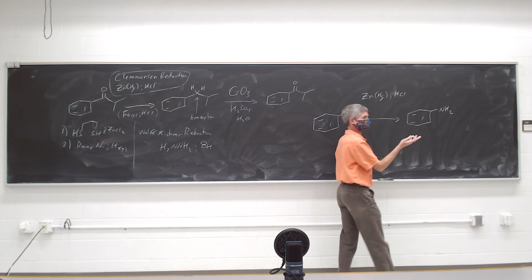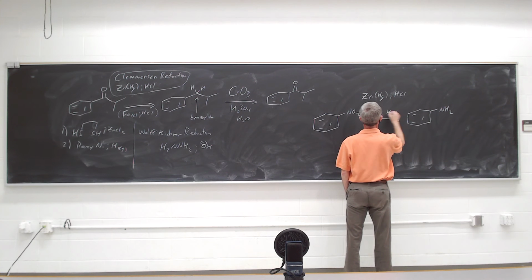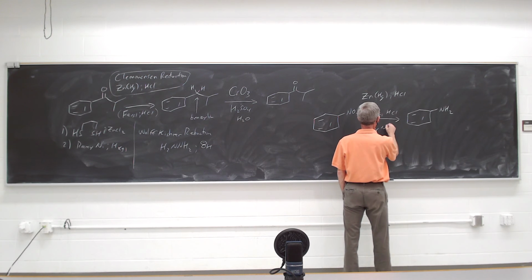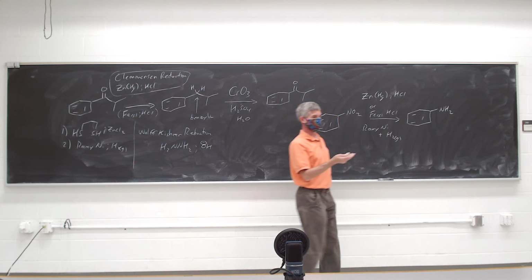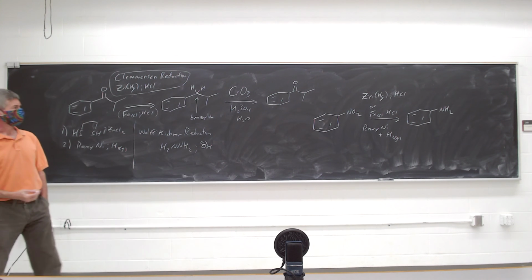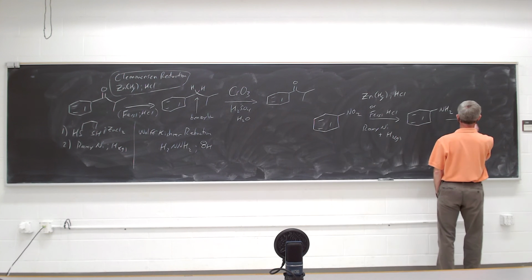The modification will work as well. Right? The iron with HCl, and the catalytic hydrogenation with nickel. In this case, we don't have to convert it first, just Raney nickel and hydrogen gas. We'll convert that, and you can go back the other way using a peroxy acid.